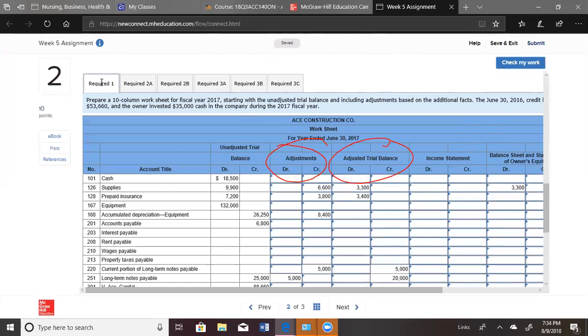So basically put all the adjustments down from the general journal to this, and then subtract the two sides, debit or credit. You have to look at it to know whether you're going to add or subtract, based on whether it's a debit or a credit.